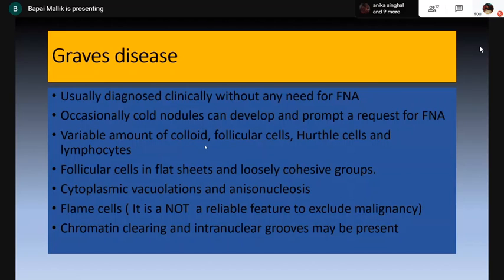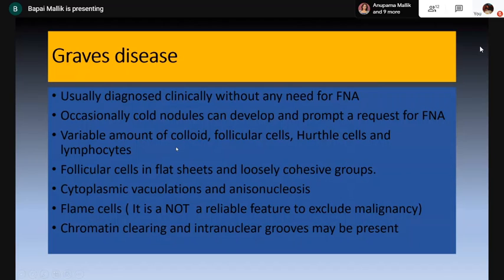So the fact that these lesions are usually not sent for fine needle aspiration cytology is something helpful for the cytologists, because they can show a wide variety of changes, especially changes at the level of nuclei, right? Some degree of scanty colloid.